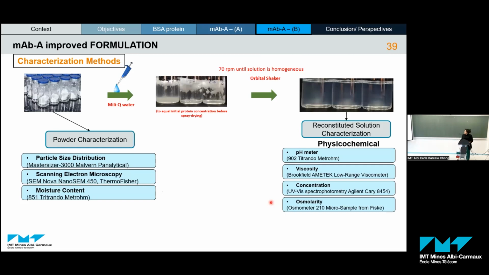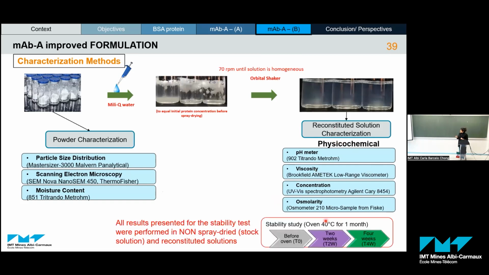For this part, the characterization for the powder will be the same, and for the reconstituted solution, we realize physicochemical studies, and we realized a stability test for 1 month in the oven at 40 degrees Celsius, recovering 3 different samples, one before the study, another one at 2 weeks, and finally one at 4 weeks. And all the results that will be presented forward are shown for the spray dried and the non-spray dried formulation corresponding to the stock solution.